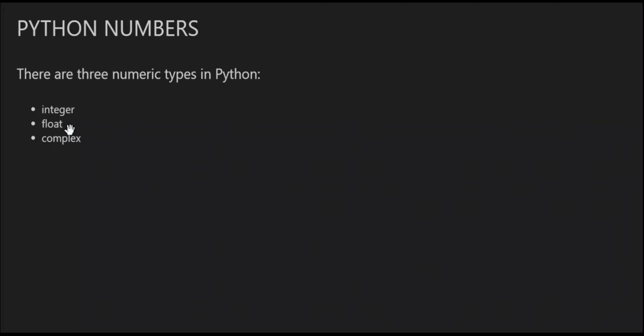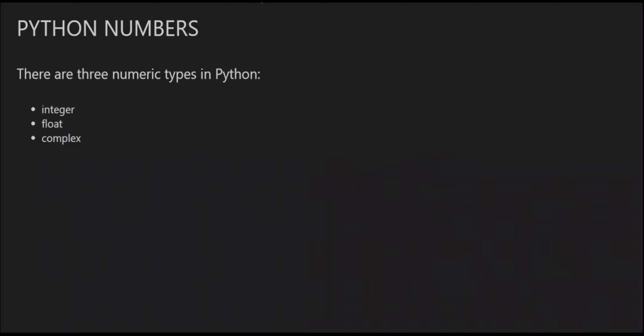Here 8 is an integer, 8.5 is a float. And the complex. The complex is nothing but one alphabet and one integer type, like 1j. Here 1 is an integer type and j is an alphabet. Those are called complex, both alphabets and numeric.